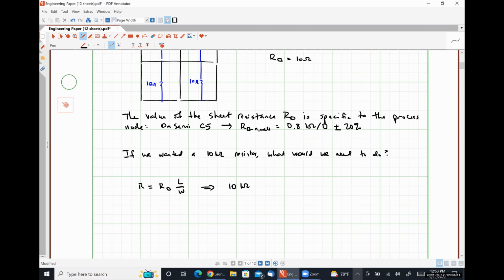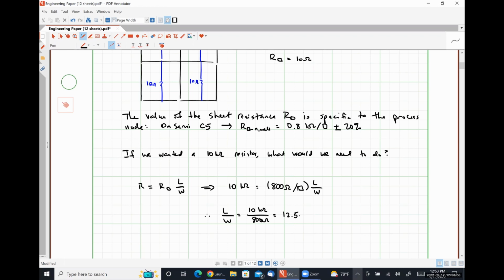From this, we can say that 10 kilo ohms is equal to 800 ohms per square times the length over the width, and therefore the ratio of the length over the width needs to be 10 kilo ohms over 800 ohms, comes out to be 12 and a half units, which means as long as our section of N well is 12 and a half times as long as it is wide, we have a 10 kilo ohm resistor every single time. Okay.